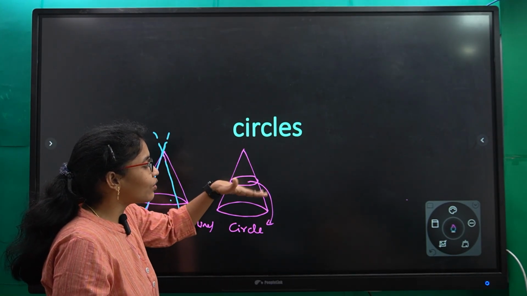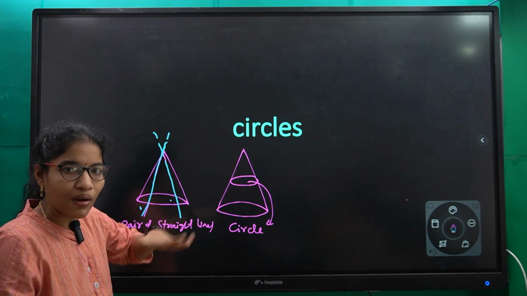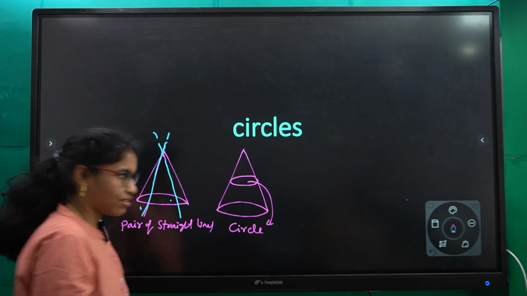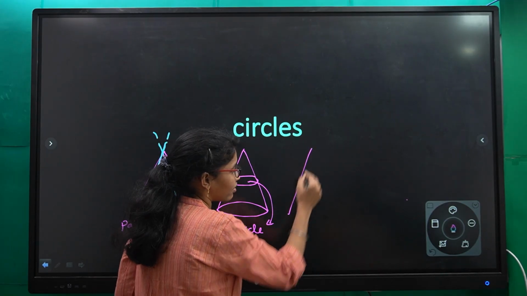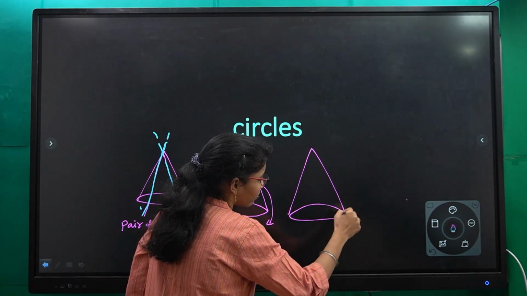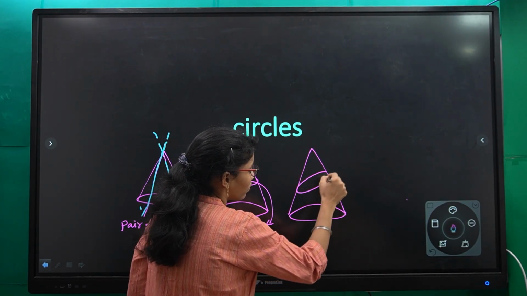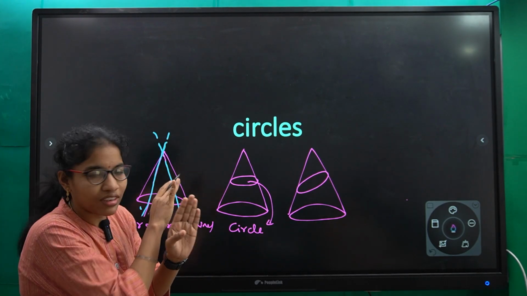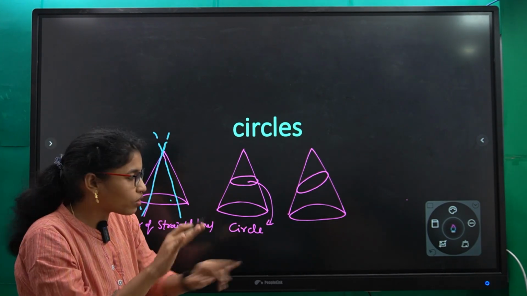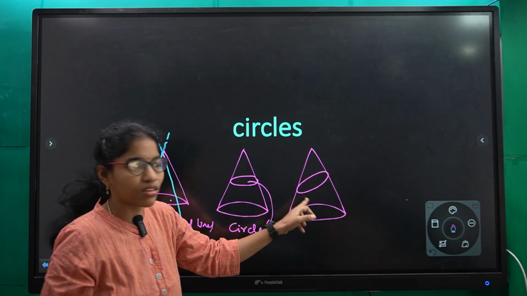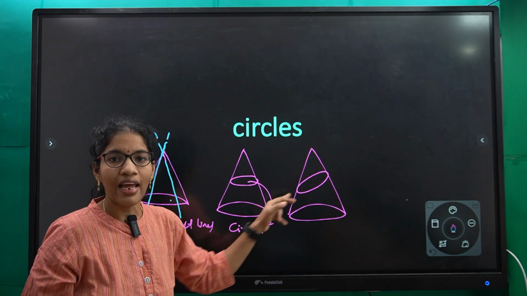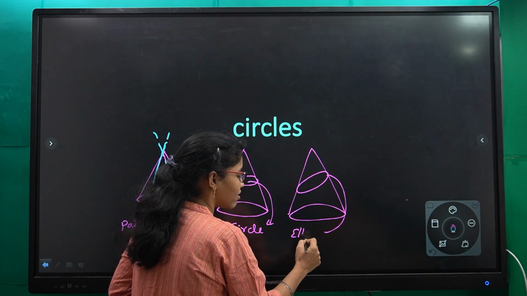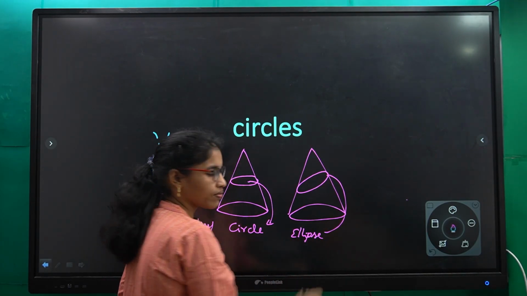If you cut the cone in a slant, not parallel to the base and without cutting the base, with some inclination, what does it form? It forms an ellipse. This figure is an ellipse.